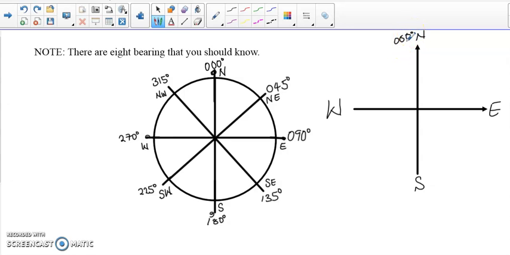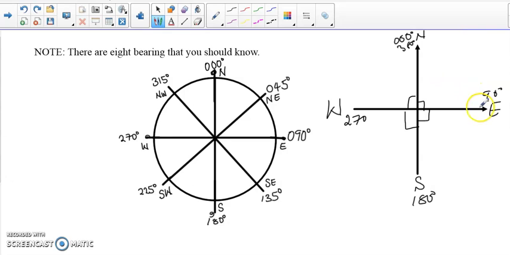It makes an angle of 90 here, which makes this 90 degrees. It makes another 90 here, 90 plus 90, which makes this 180 degrees. It makes another 90, 180 plus 90, which makes this 270 degrees. And it makes another 90, which goes back to 360 degrees. So the total there is 360.